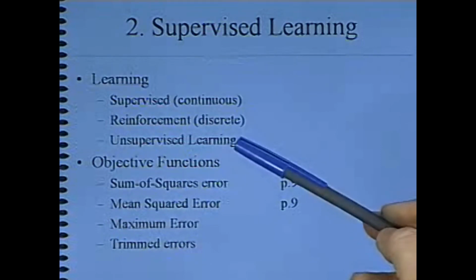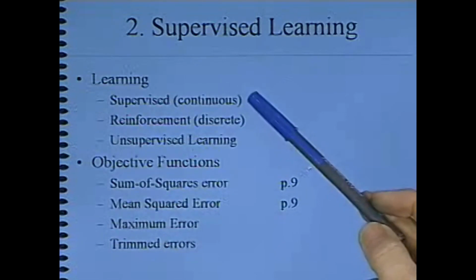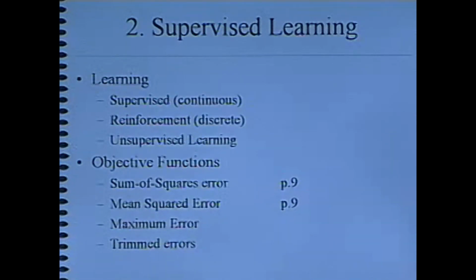Now, once we perform an operation and we perform a choice of these weights in these neural networks, we have to decide for ourselves what is good. And we have to assign to what is good a mathematical statement, which is usually referred to as an objective function or an error function, if you will.